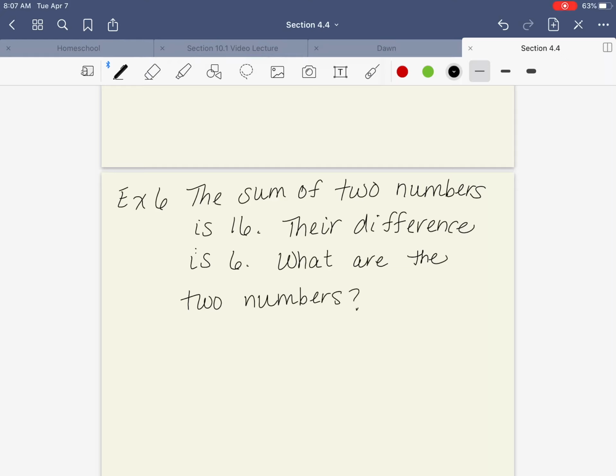Okay, so this is really easy. The sum of two numbers is 16. Their difference is 6. What are the two numbers?